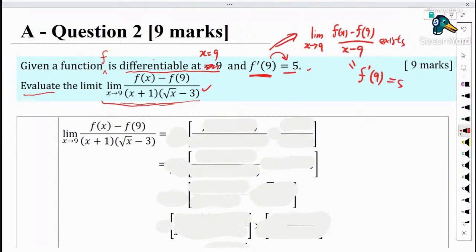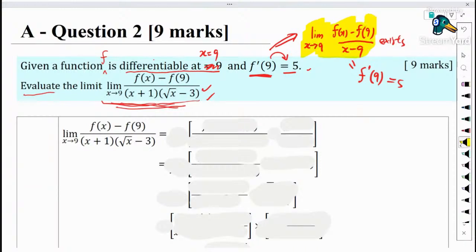And how does this help us to calculate the question below? The strategy is to try to relate the limit we want to find with the limit I highlighted in yellow.